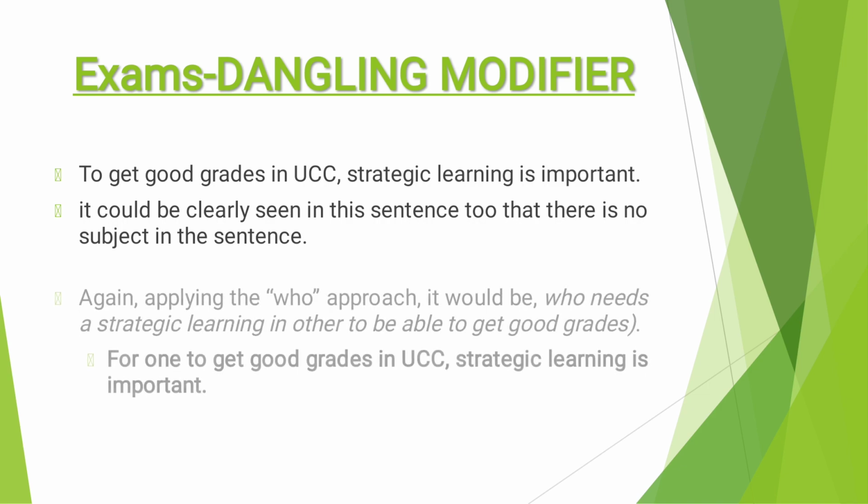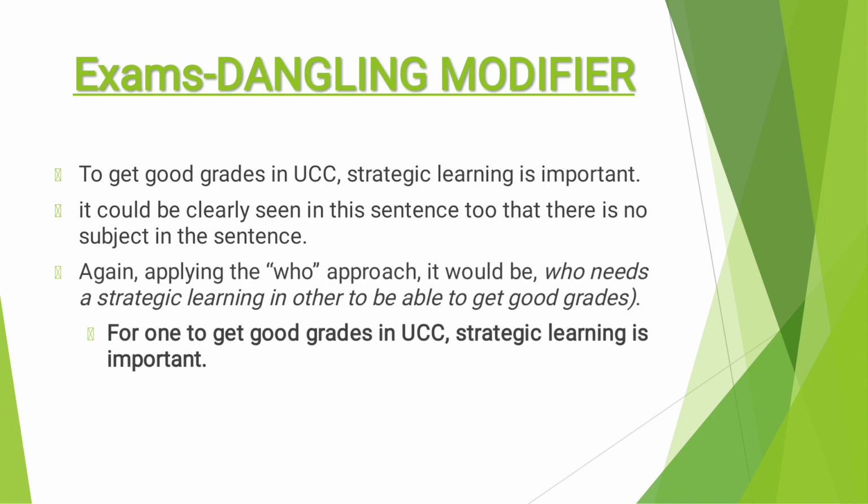So again, in order to correct this, let us apply my who approach. The question will be, who needs a strategic learning in order to be able to get good grades? We can see it in the question. So we just introduce "for one." For one to get good grades in UCC, strategic learning is important.